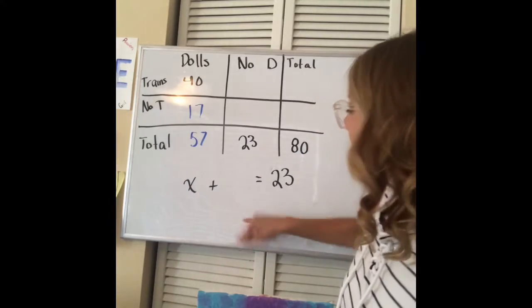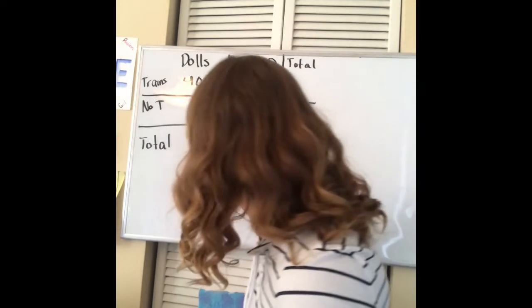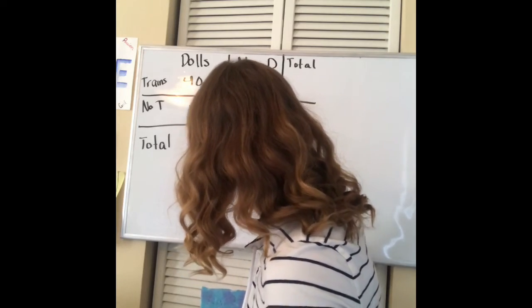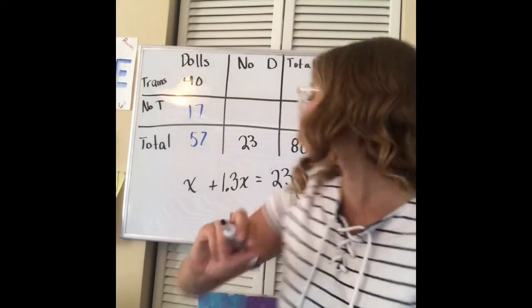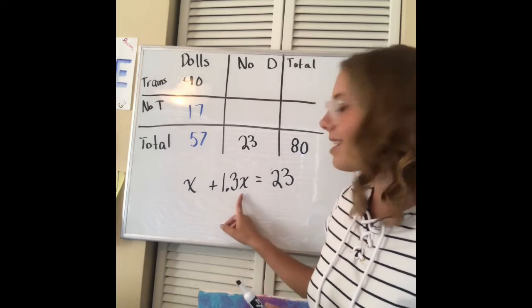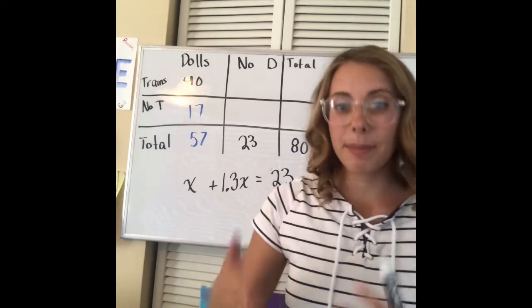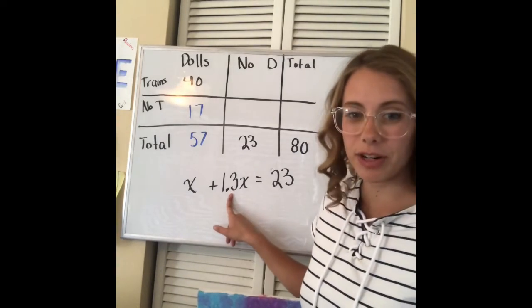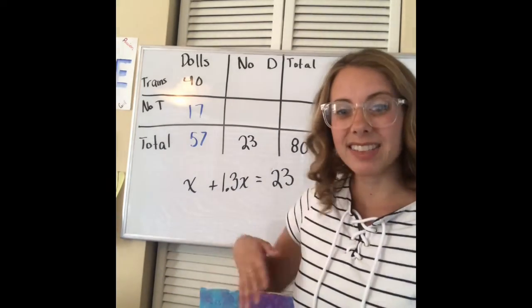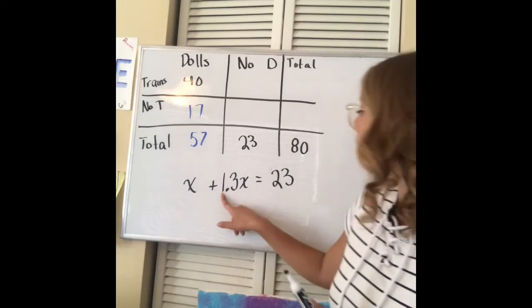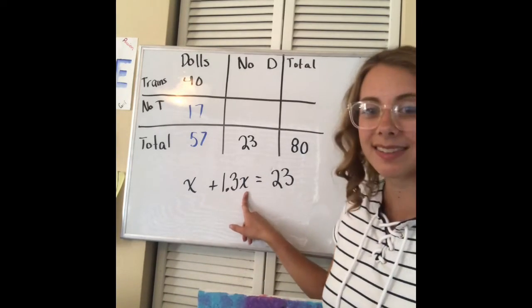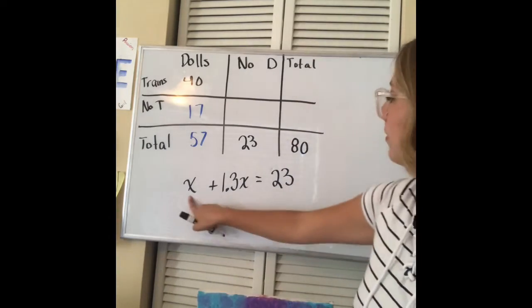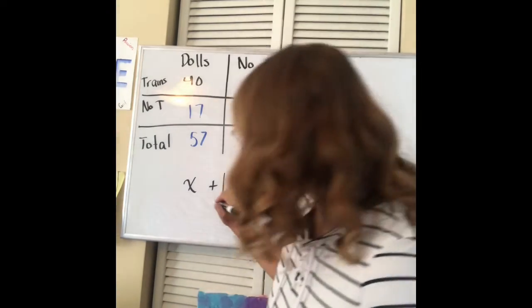So the way I would write that is 1.3x, because 1x is that many kids, plus 0.3 is 30%. 0.3x is 30% of that many kids, so 1.3x is 30% more kids.